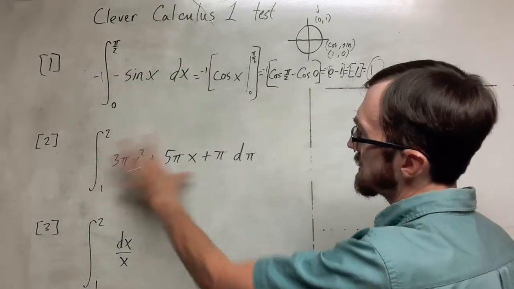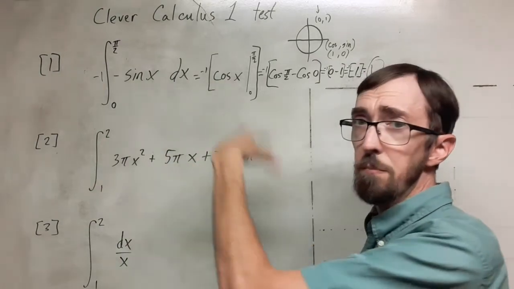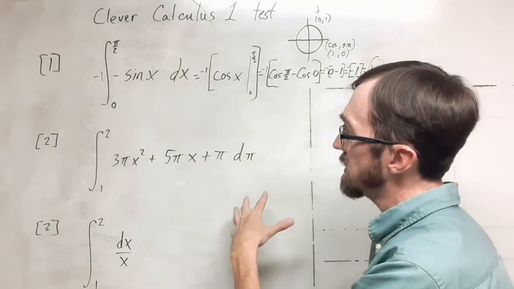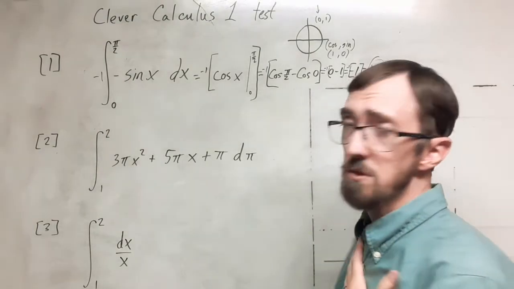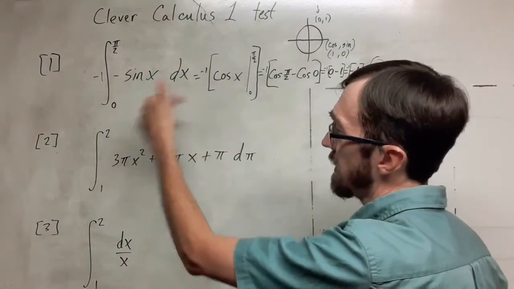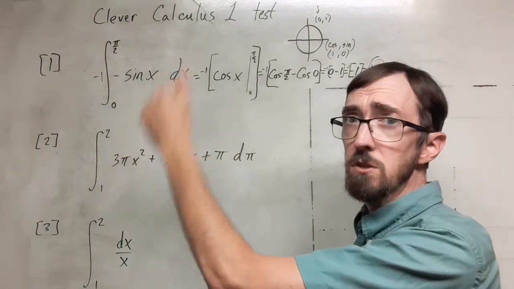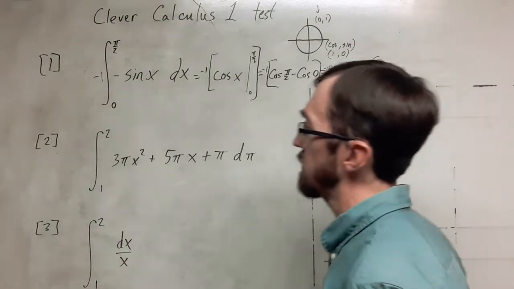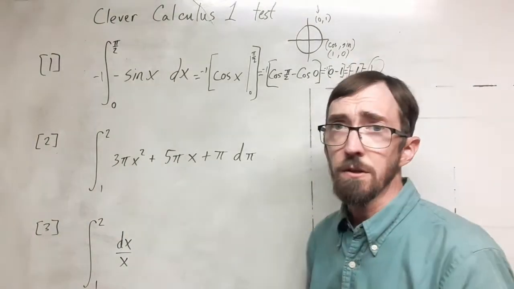So this is integrated with respect to pi. Pi is a variable, not a number. That was an issue for me. I got this wrong because when I integrated this, I did it with respect to x. So I would have had something along those lines, which would have been incorrect.